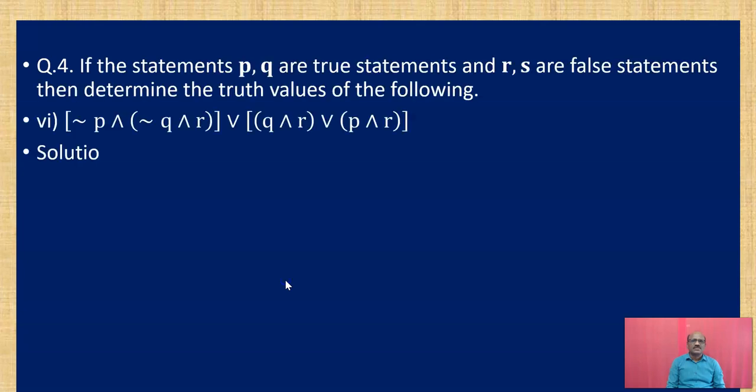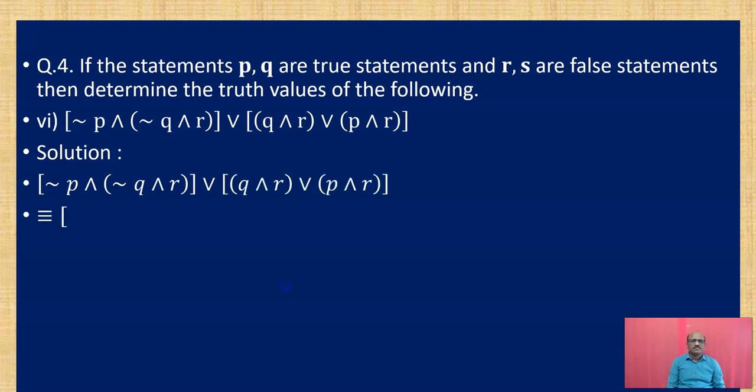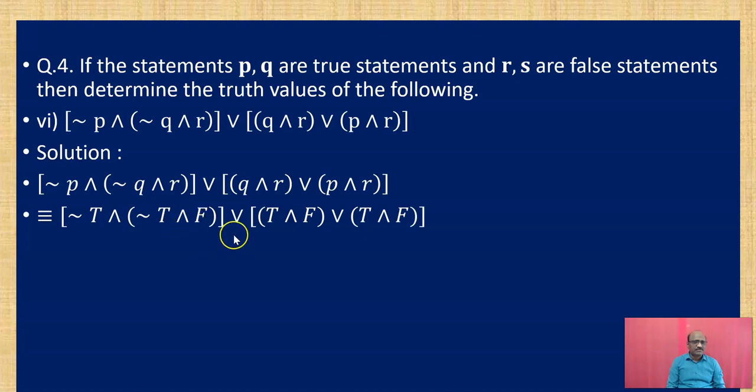Now next, this is the big one. Negation of P and (negation of Q and R), or (Q and R) or (P and R). Solve first one by one. Substitute the values.